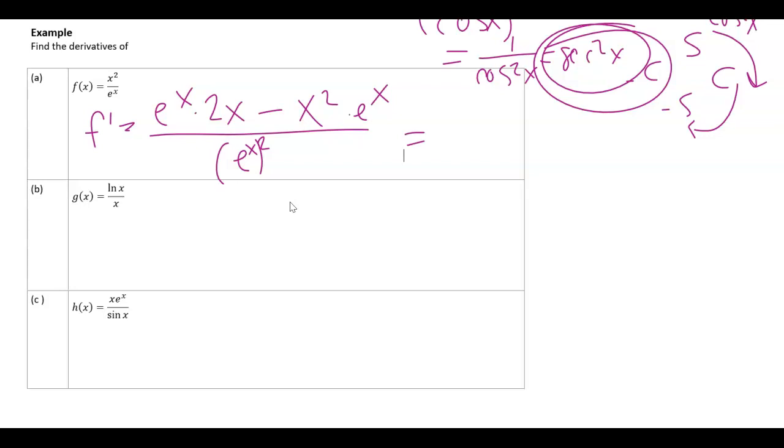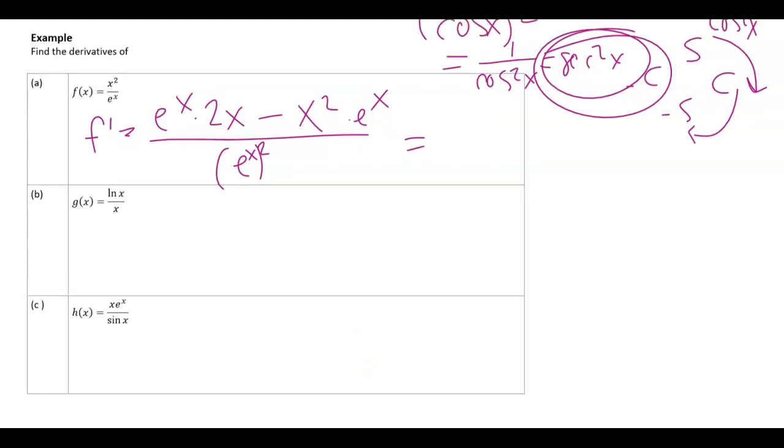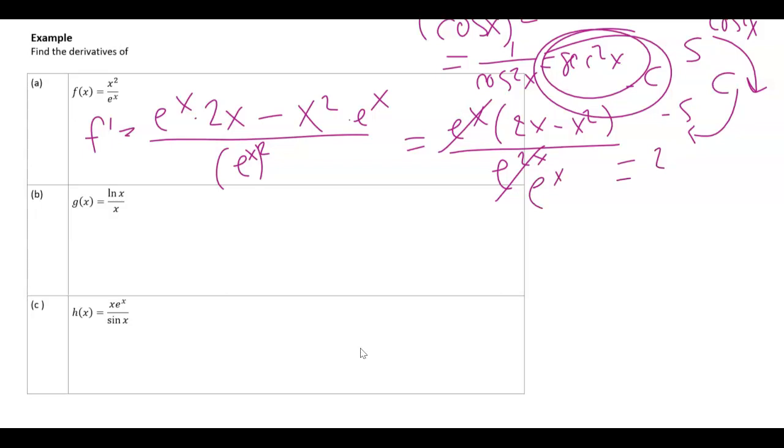I'm going to factor out an e to the x in the numerator. And I'm going to write this as e to the 2x. I do end up having 1 e to the x cancel with 1 in the bottom. And so the most simplified version of that derivative would be 2x minus x squared over e to the x.